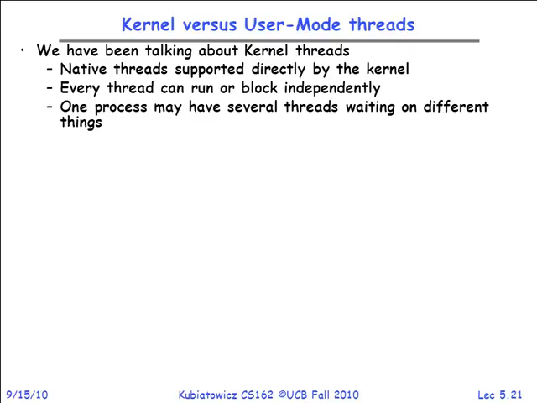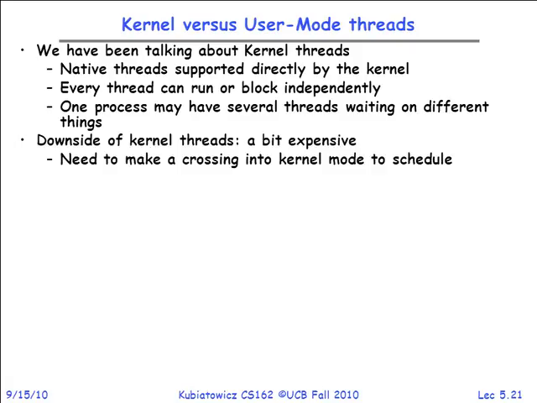Now the downside with kernel threads is they're a little expensive because you have to go into the kernel every time you want to schedule. Every time a thread gives up its schedule to another thread, you have to enter the kernel. That's a little expensive, and that led people to ask, does this thread switching actually have to happen in the kernel?